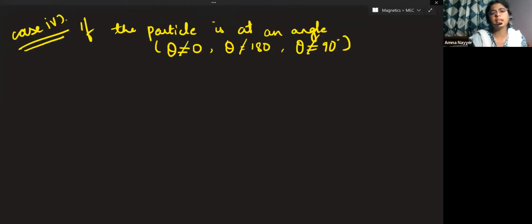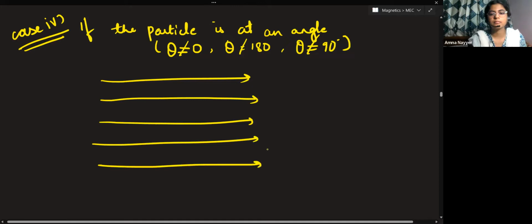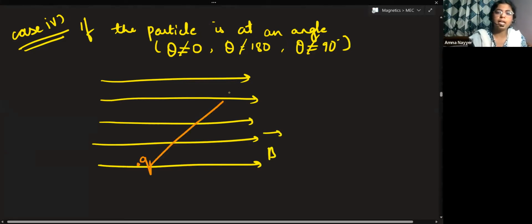Let's just take it at a random angle. These are the magnetic field lines. Magnetic field is there. This is the charged particle moving at a random angle with velocity V. If this is theta, the angle the vector makes with that axis, what comes, cos or sine?